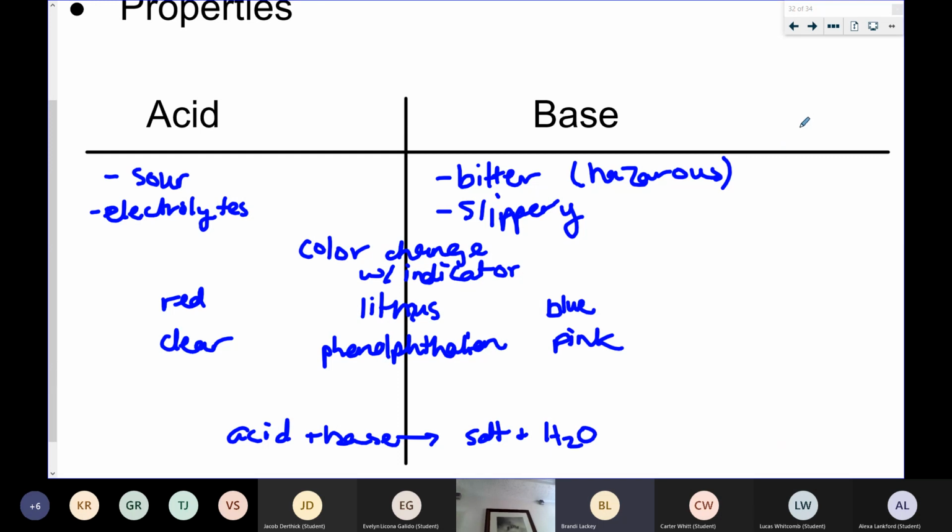So remember, you guys just took the test on it, so it should be pretty recent, but it might say which of the following are properties of acids, or which of these is a property of a base. So that should be not too terrible.